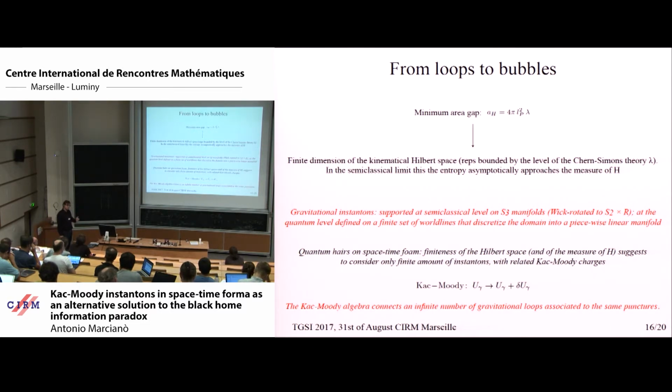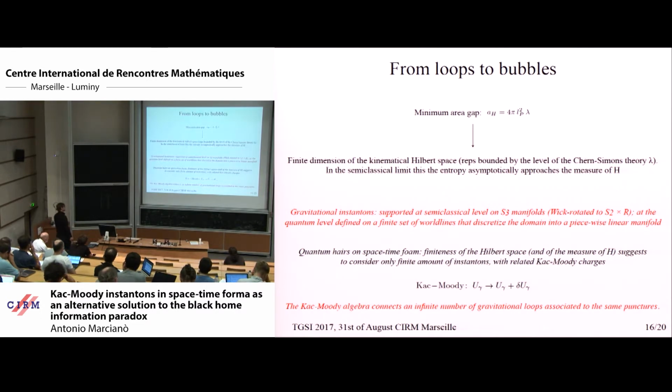So this Kac-Moody symmetry shifts also the holonomy. This Kac-Moody symmetry is also at the microscopic level for these Wilson holonomies, these loops, if you want. These Wilson holonomies introduce the loops in quantum gravity.